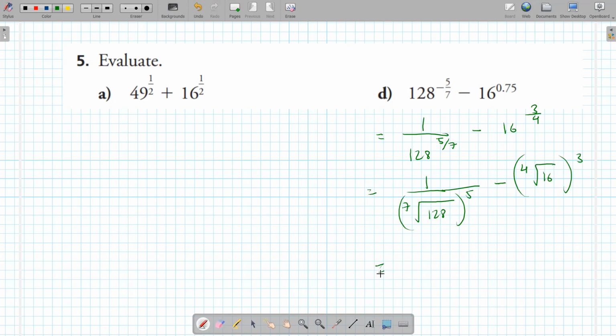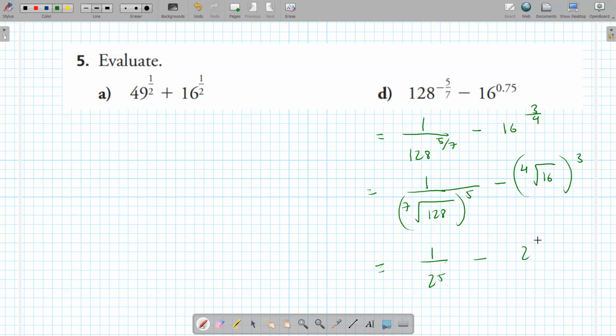What's the 7th root of 128? 2. Yeah. So this becomes 1 over 2 power 5. What's the 4th root of 16? It's also 2.